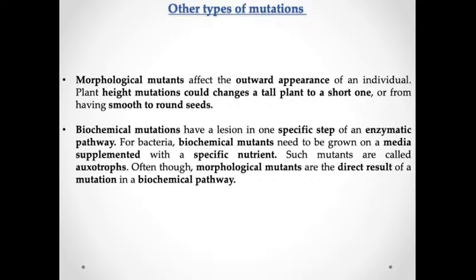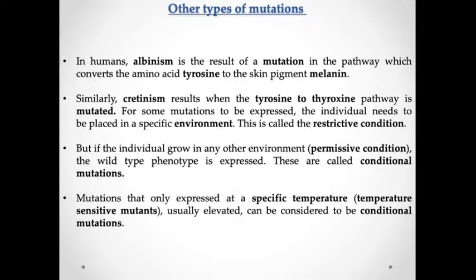Morphological mutants are the direct results of mutations in the biochemical pathway. So both types are interrelated, as morphological mutants are the direct result of a change in the enzymatic pathway of your organism.